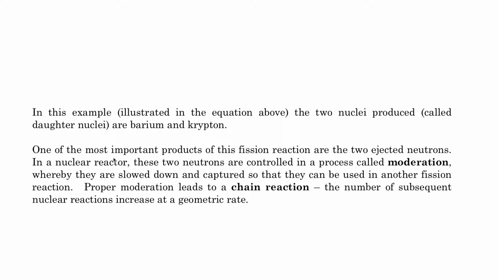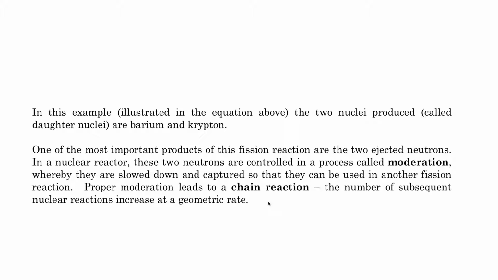One of the most important products in this fission reaction are the two ejected neutrons. We put one neutron in, we get two neutrons out. In a reactor, those two neutrons are controlled by a process called moderation. They're slowed down, they're captured, and then they're used again. Proper moderation leads to this massive chain reaction.